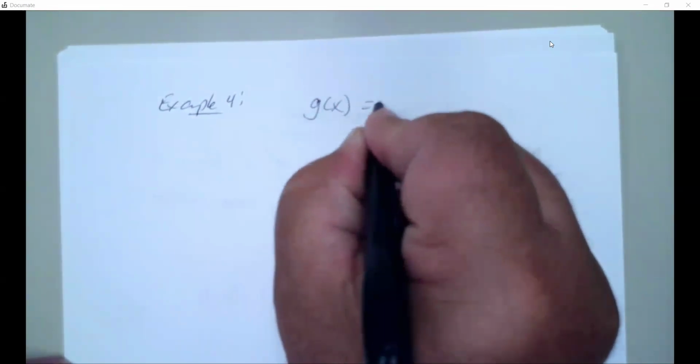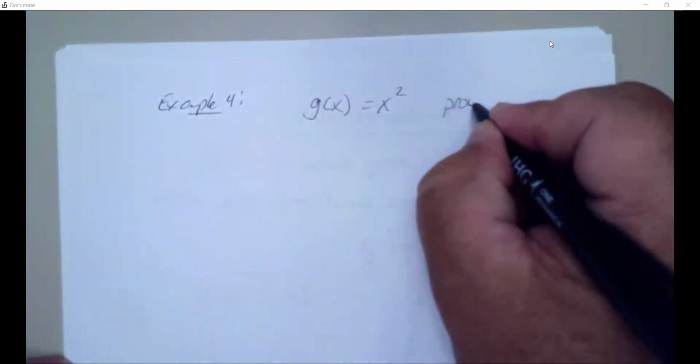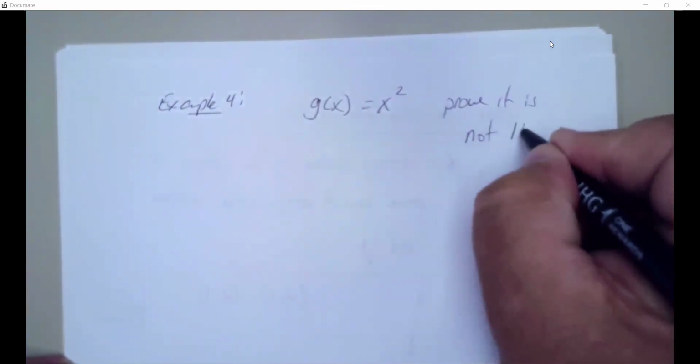All right, so here's another one for you. Given the function g of x equals x squared, prove it is not 1-to-1.